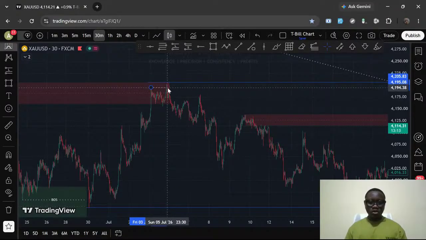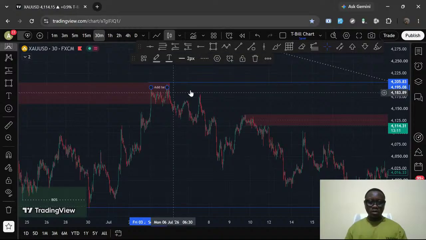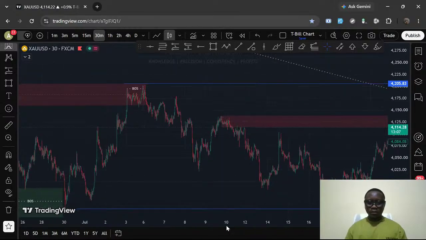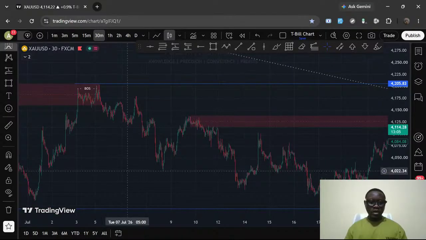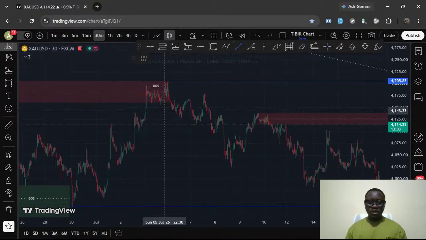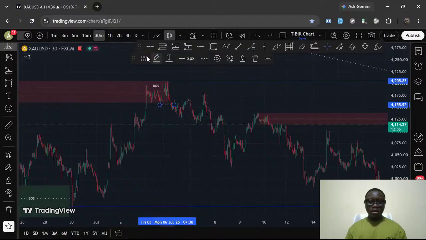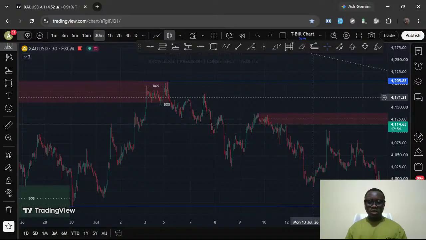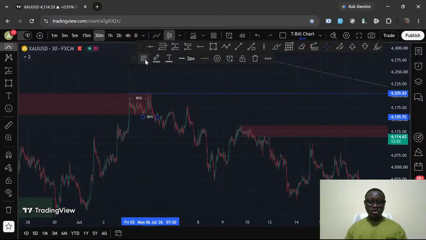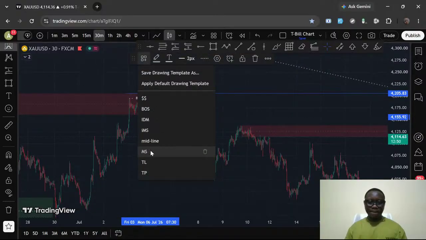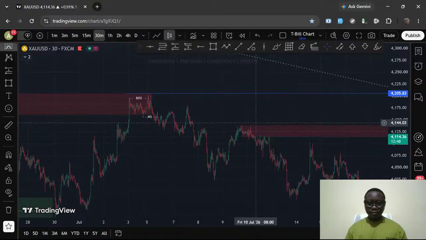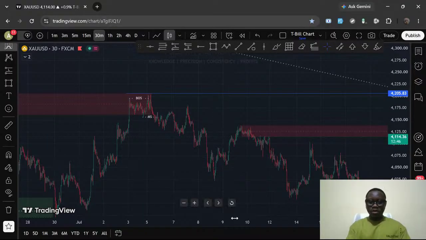This is our market structure shift, MS. Sorry, this is a market structure shift, and this is BOS.